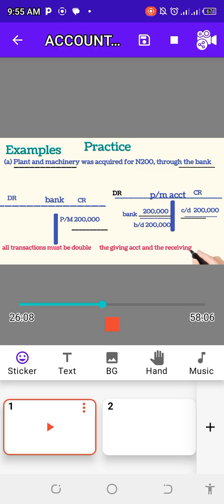There is the giving account and there must be a receiving account for a complete what? Transaction. If there is a giving account and there is no willing receiver, then there will be no transaction. This is the origin of double entry bookkeeping. There must be a receiver and there must be a willing giver.